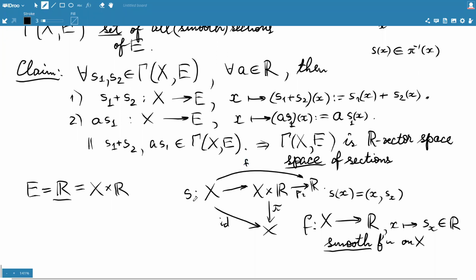So any section S can be considered as a function.